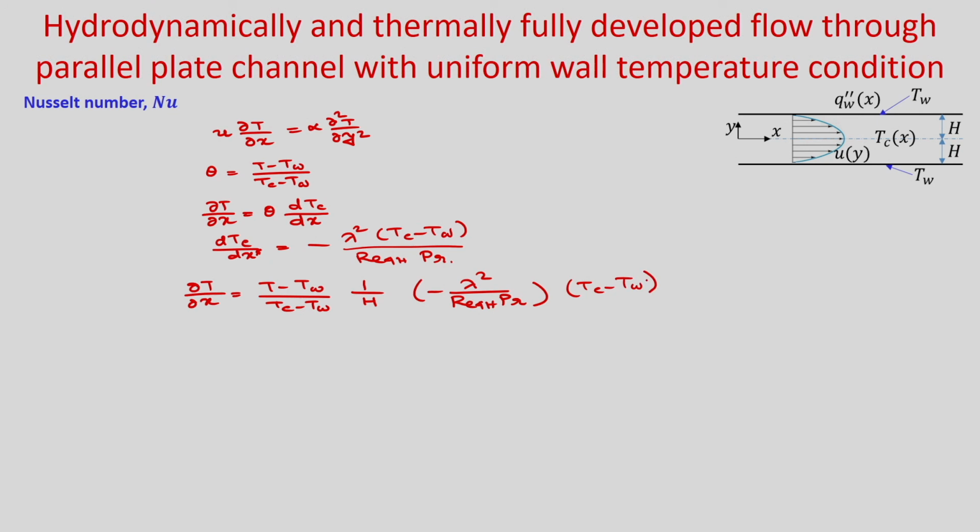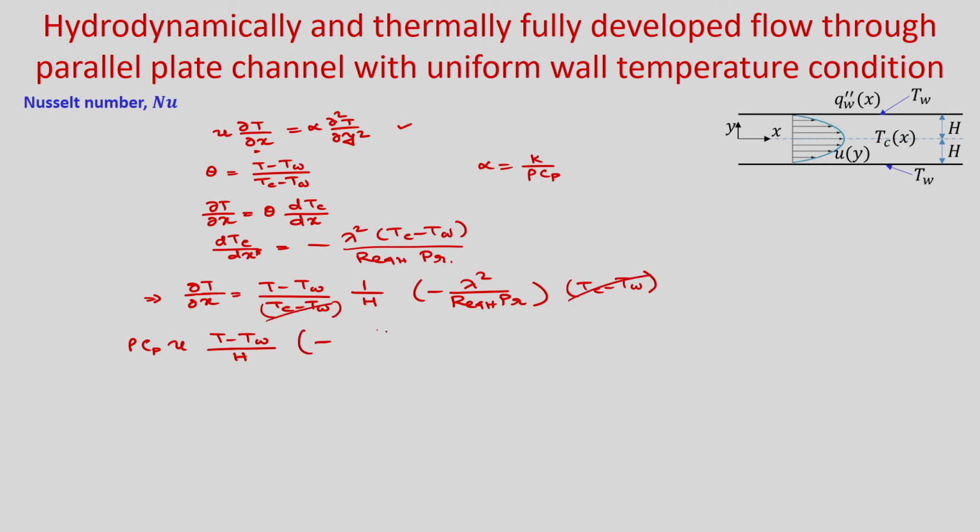If you put this value in the governing equation, and alpha is equal to k by rho Cp, you write k by rho Cp. So it will be rho Cp into u into T minus T w divided by h, this you can cancel.